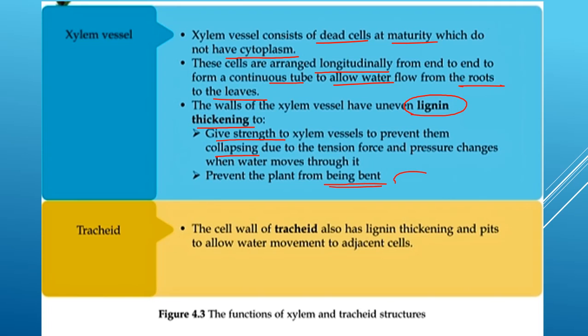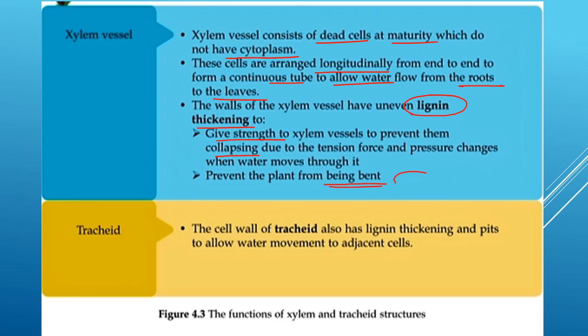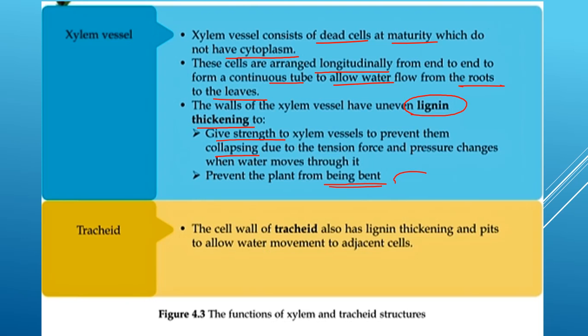And then we have tracheid here. The cell wall of the tracheid also has lignin thickening, and also pits, liang, to allow water movement to the adjacent cell, untuk pergerakan air ke sel-sel jiran lah, sel-sel yang bersebelahan.